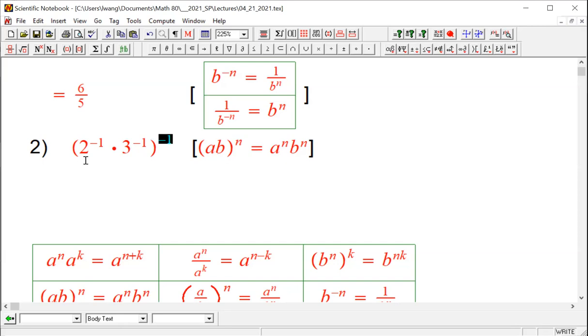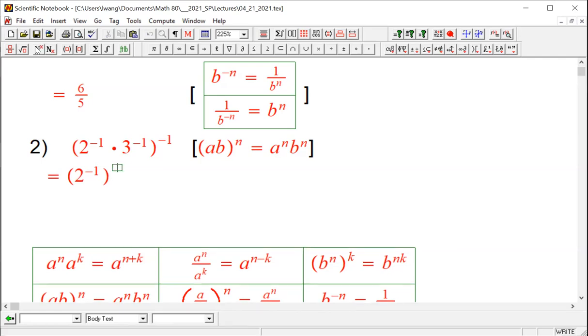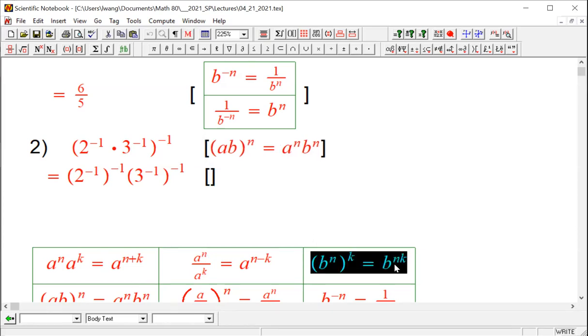This gives us the 2 to the power negative 1 that was in there, that was the A, and then there's another power outside, and 3 to the power negative 1, and then there's a power outside. And then we can apply this other property over here.